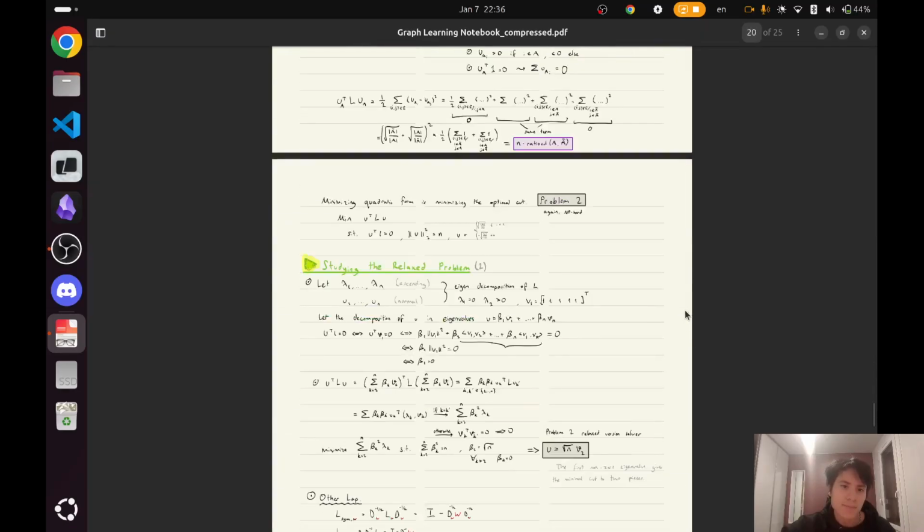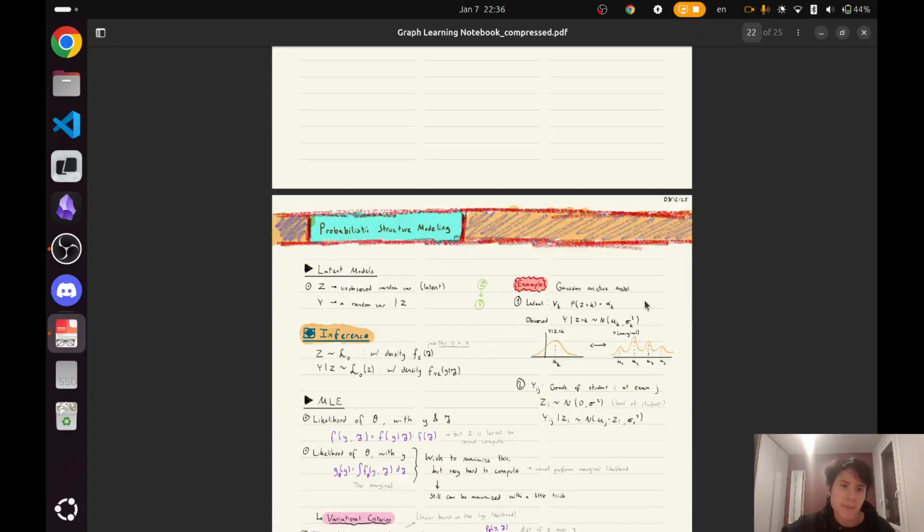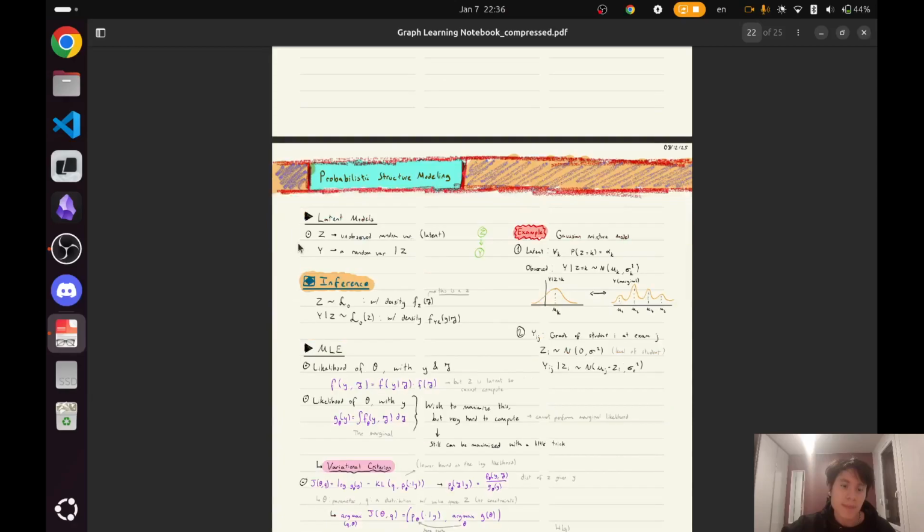And what else? There are also the latent models, which is this thing that I said, that you have an output, and you assume that there is some hidden interaction, and you want to understand the distribution of this interaction.